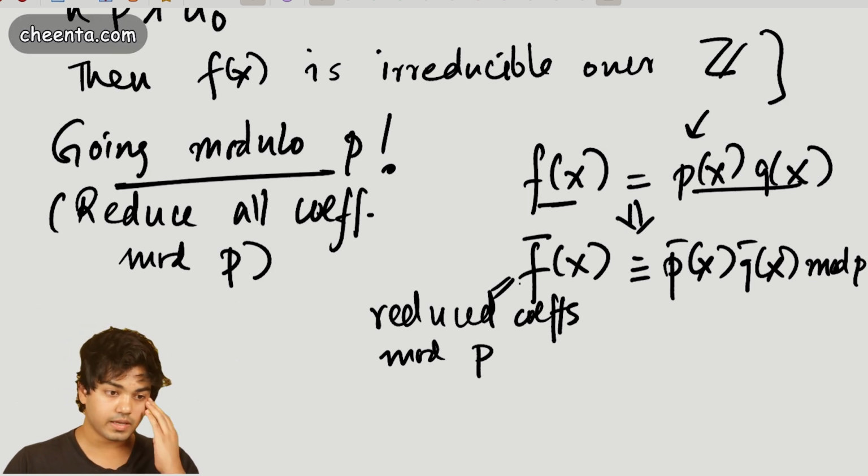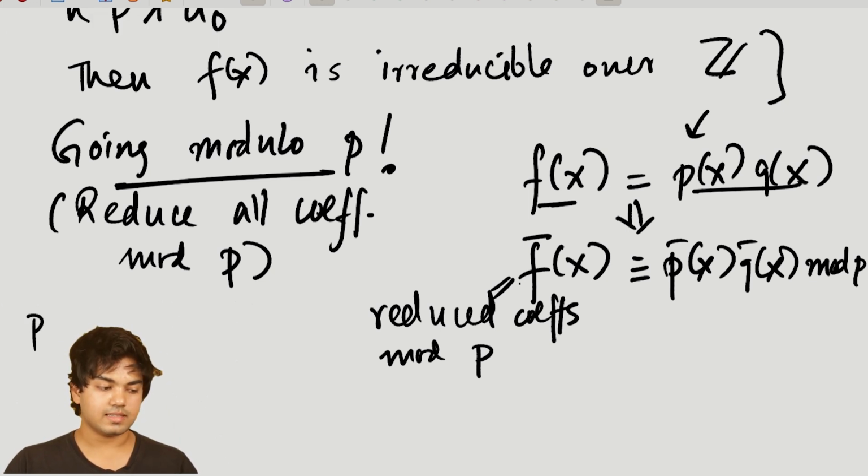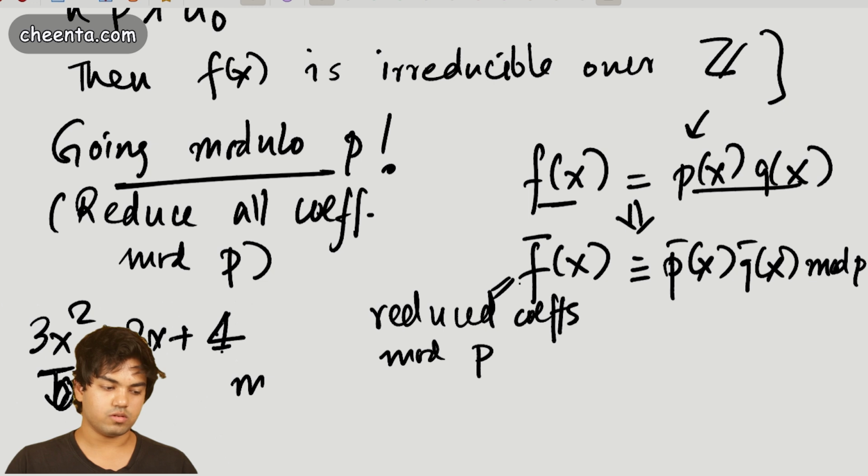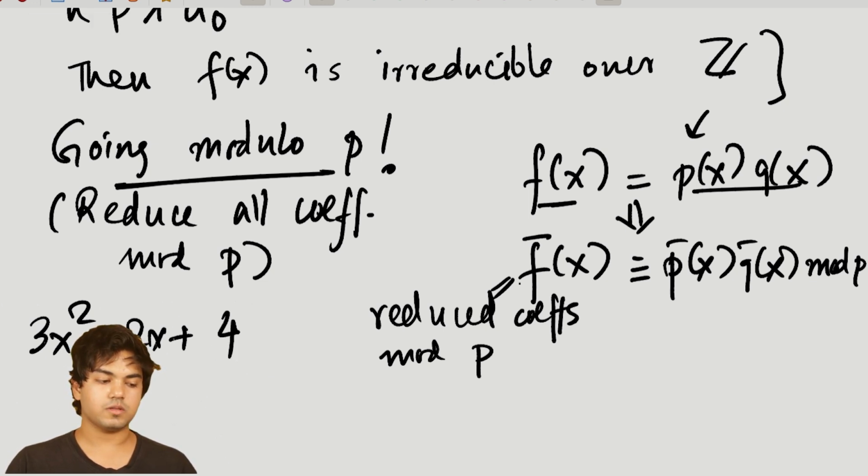So my point that I'm trying to make is, let's take a proper example, 3x squared plus 2x plus 1. If I look at this polynomial mod 3, the leading coefficient actually dies. So this becomes 0 mod 3, right? Rather, make it 4 to drive my point home: 3x squared plus 2x plus 4.